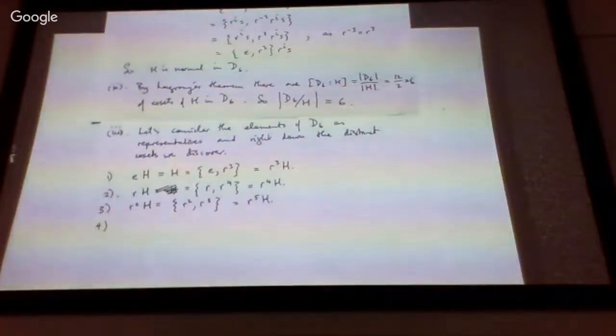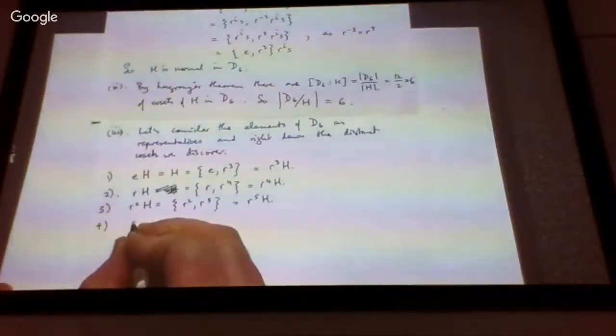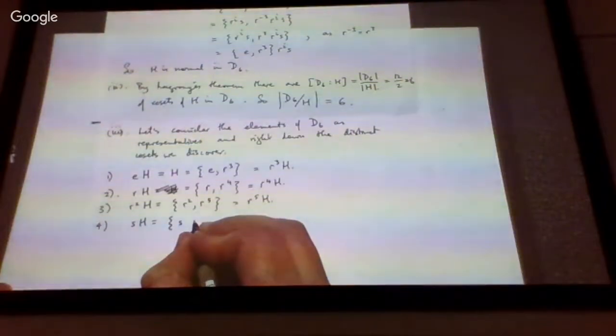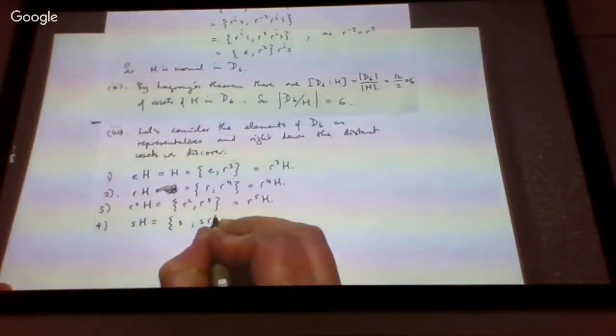So which element should we take now? The reflection, S. So SH is S and SR cubed.